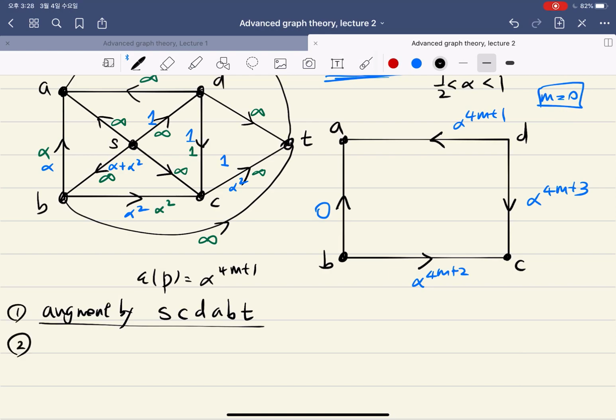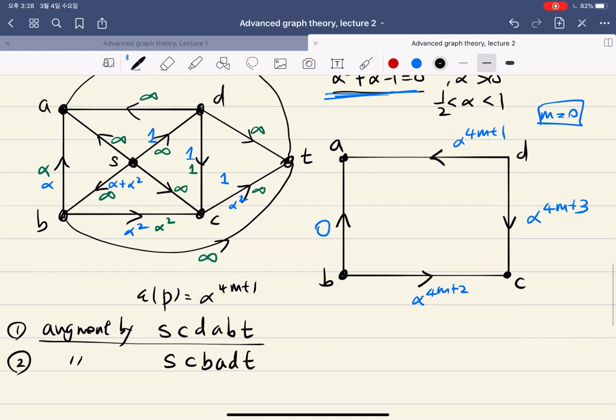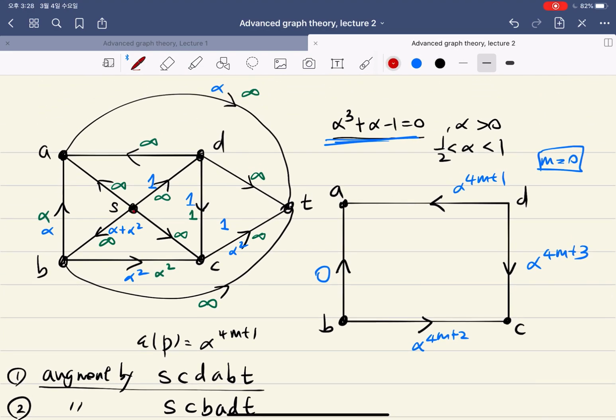And we augment now by SCBADT. So again, here we only have to see these three numbers.